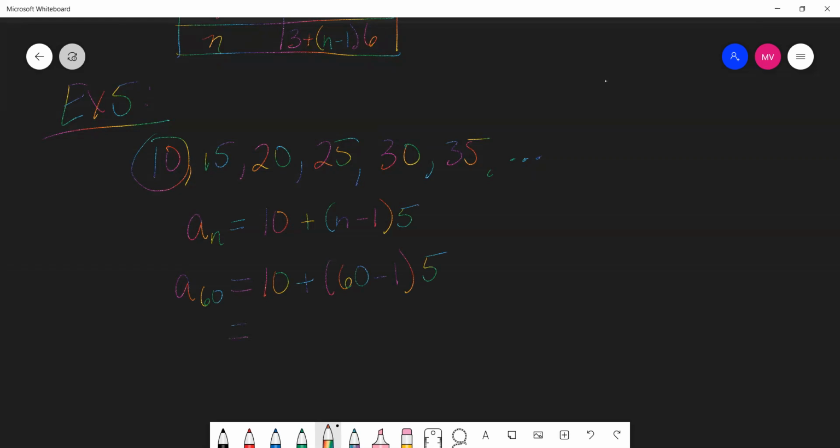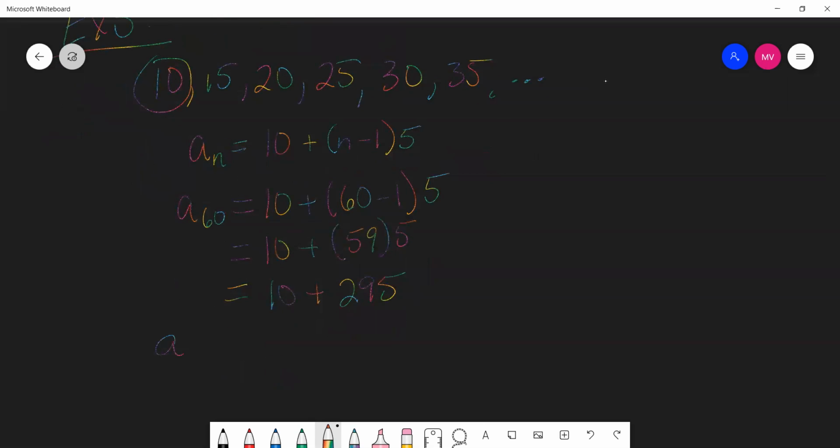Continue to simplify. 60 minus 1 is 59, times 5. 10 plus 59 times 5 is 10 plus 295.